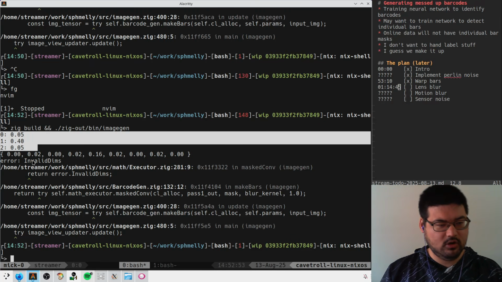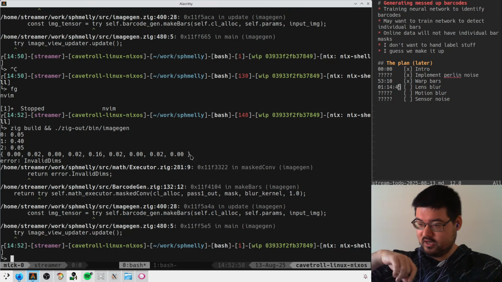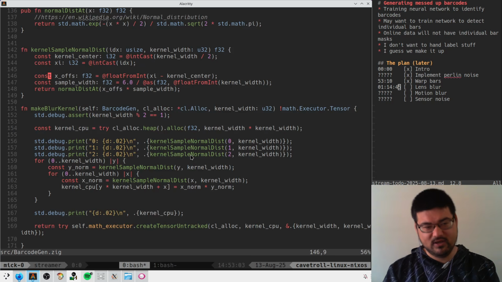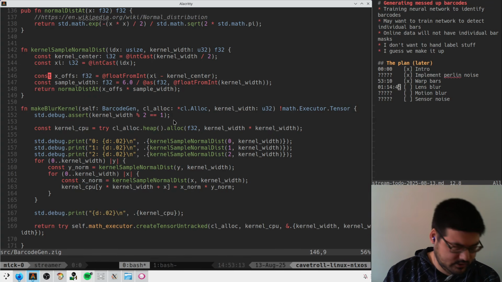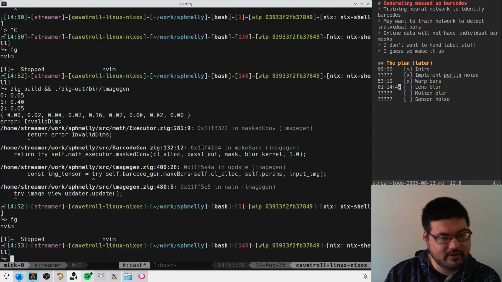But now the overall values are really small. Shouldn't index go between negative kernel width over 2 to kernel width over 2 instead of 0 to kernel width? It's kind of the same, hand wavy. They're the same as long as you do the subtraction. Okay, so can we multiply this by a lot?